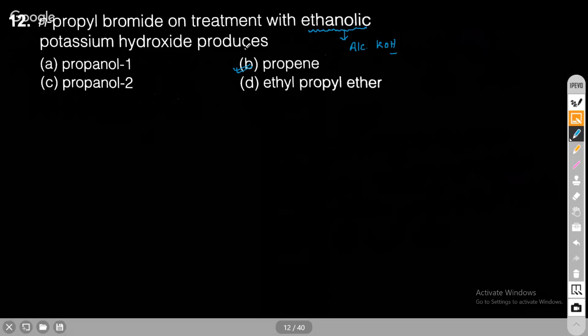Got it? I'll write down here alcoholic KOH gives you alkene. Aqueous KOH gives you alcohol. Right? So here we have alcoholic KOH, so we'll get propene with equal number of carbon atoms. Correct. So option B is right.